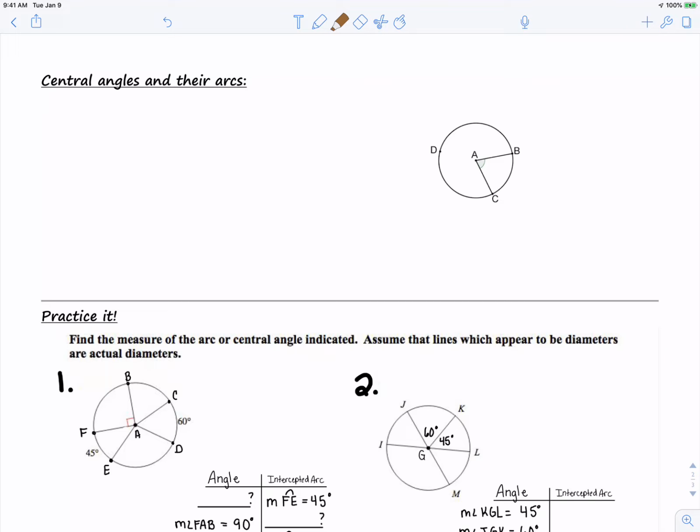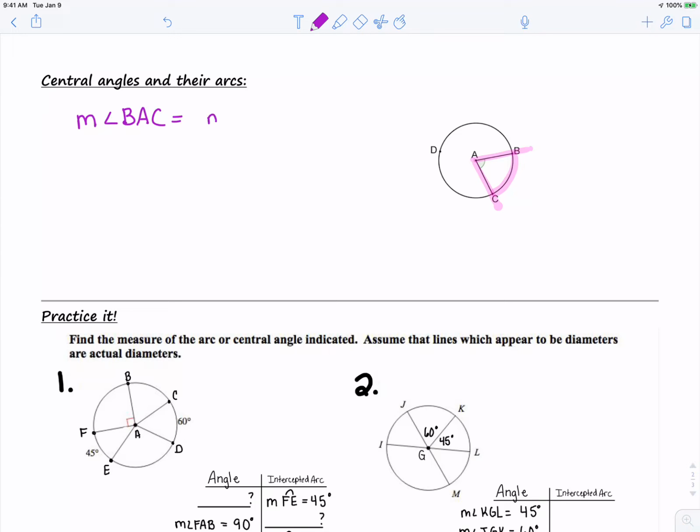And that is not a coincidence because the arc measure and its corresponding central angle, those measures are the same. So if we look at this picture right here, the central angle in this picture is angle BAC. So the measure of angle BAC is equal to the measure of its intercepted arc.